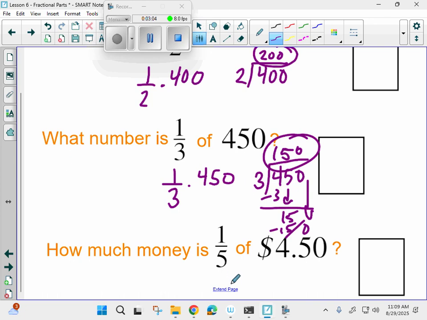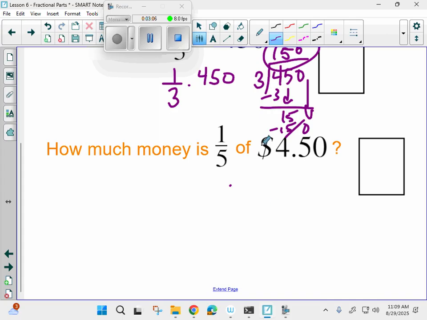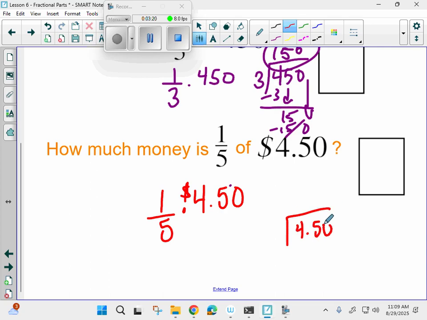How much money is 1/5 of $4.50? All right. Again, we are going to divide $4.50 by 5. And Aaliyah, how many times does 5 go into 45?